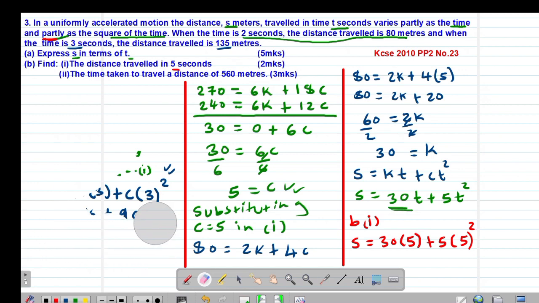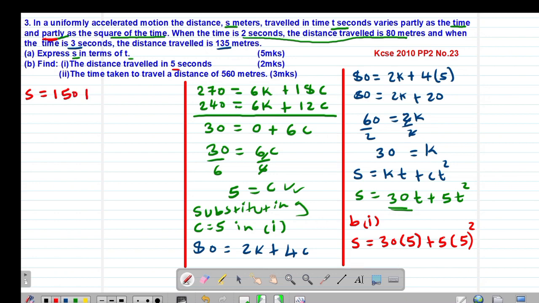Let me rub this side so that I can create some working space. So s is equal to 30 multiplied by 5, I'm going to get 150. Then of course plus 5 multiplied by 5 squared, so I'm going to get 125. So I'm going to add 125.